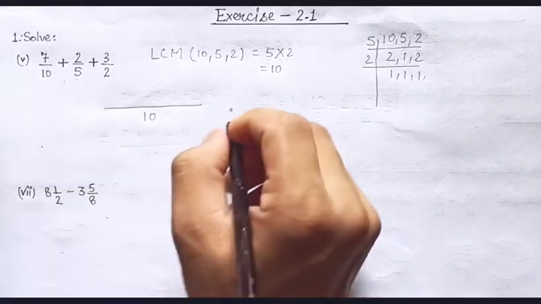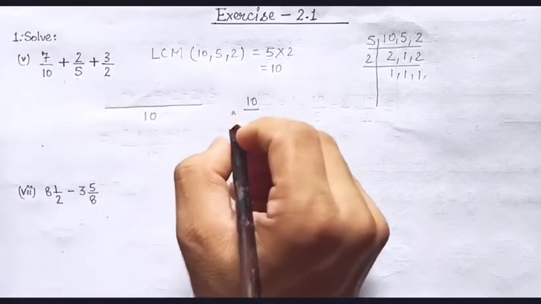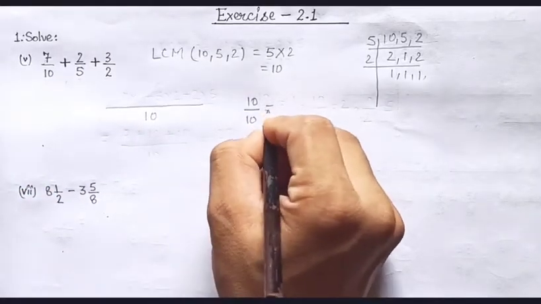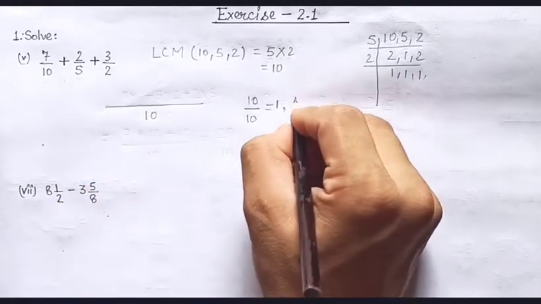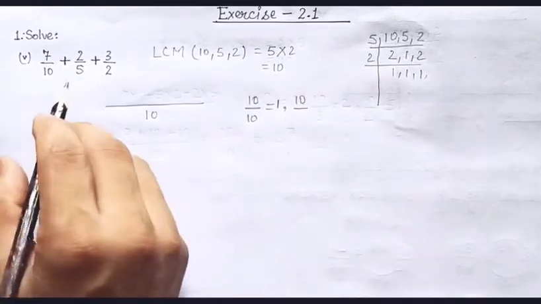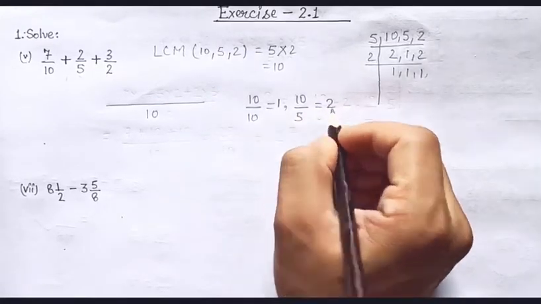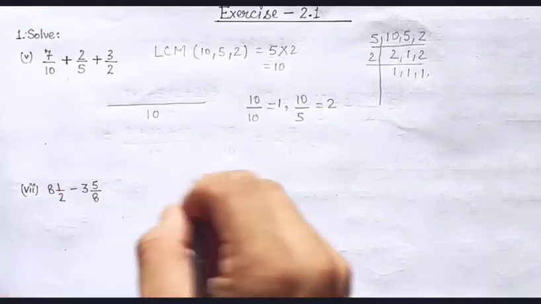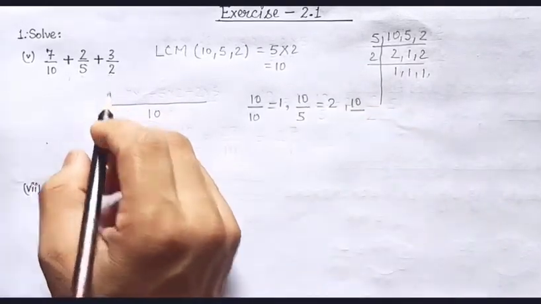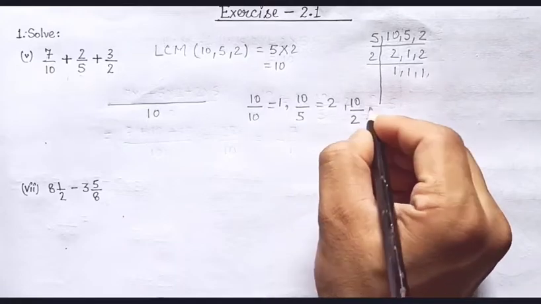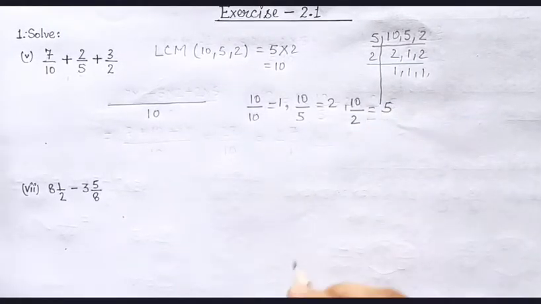And let us see, when the LCM 10 is divided by the denominator of the first fraction, 10, it gives quotient 1. When the LCM 10 is divided by the denominator of the second fraction, 5, it gives quotient 2. And when the LCM 10 is divided by the denominator of the third fraction, 2, it gives quotient 5. I hope it is clear.